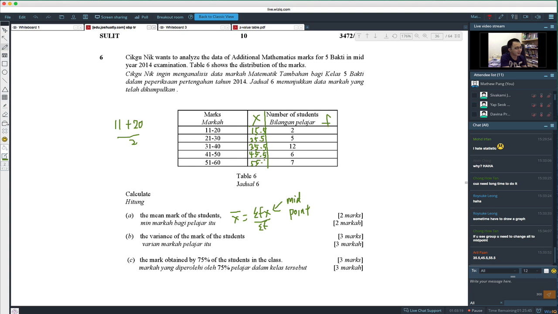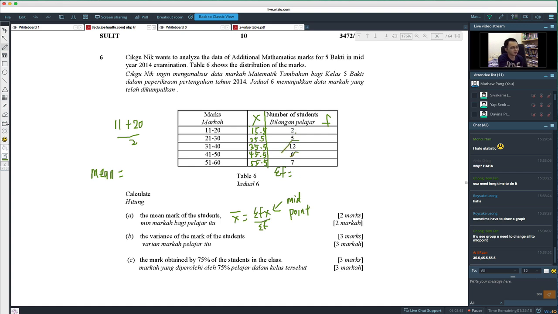Okay, so after I have all the midpoints already, I substitute into the formula, because I know the mean will equal the frequency multiplied by the midpoint, and then divided by the total frequency. Of course I have to find the total frequency. The total frequency is just all added together, so I have 12, 20, 32.